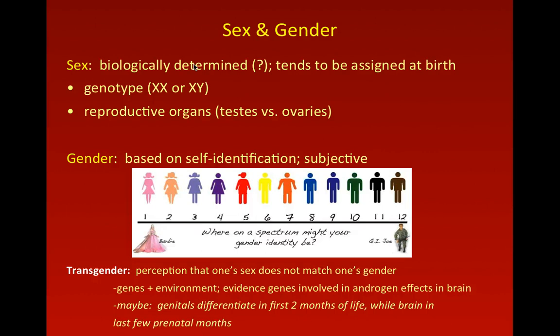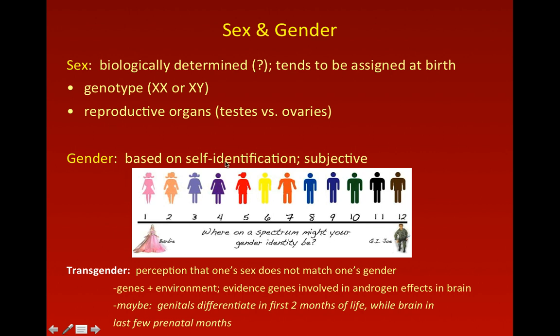In the field of gender and women's studies and other psychology and sociology fields, obviously the definition is a little bit different. So I just wanted to present you with the way that your textbook uses this term. Now, gender, of course, is based on self-identification, and it is subjective. Of course, you can identify with any gender.